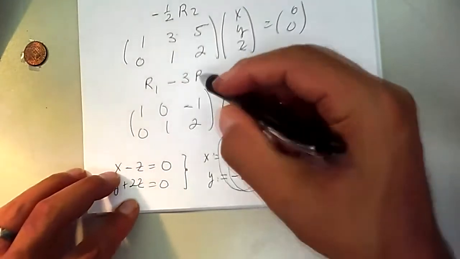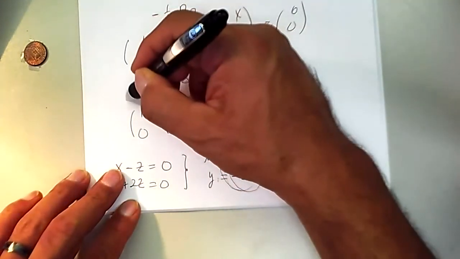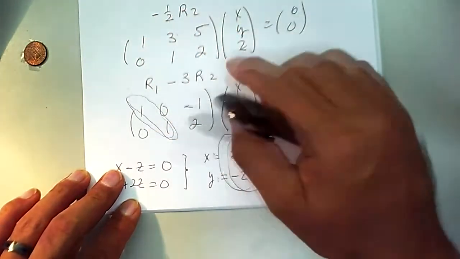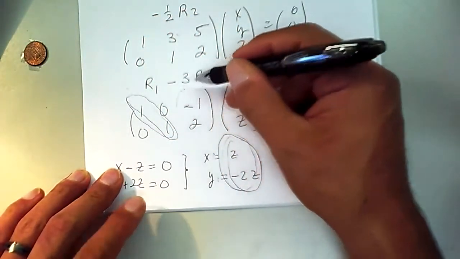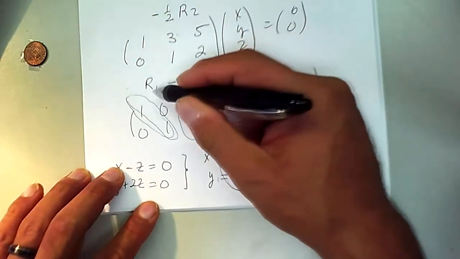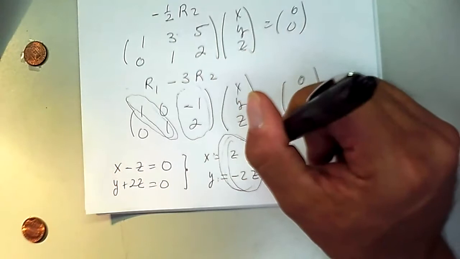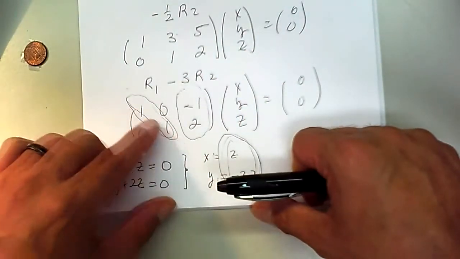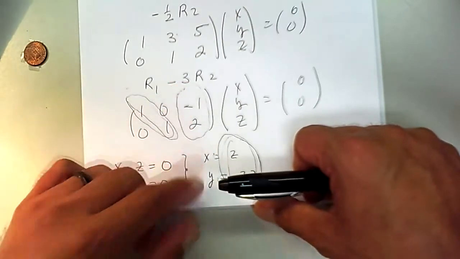Notice that there are two pivot numbers. And the number of free variables are the columns that are left over after counting all the pivots. So there's two pivots, one column with no pivot.